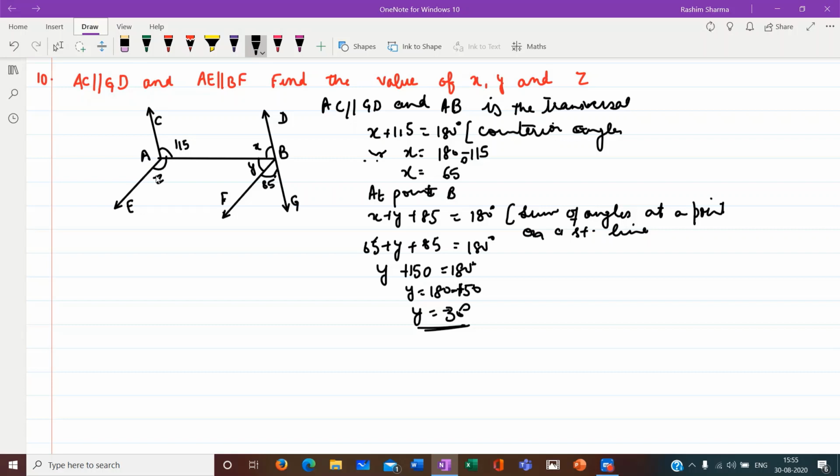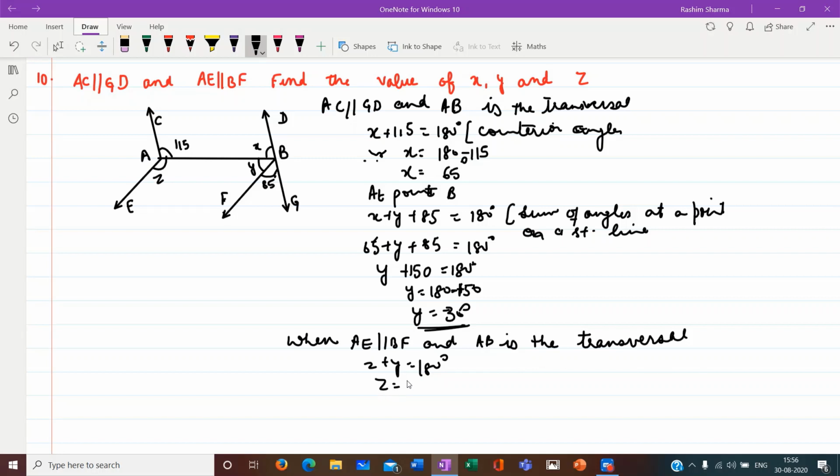Now left is angle Z. Now we can see here, when we have this AE parallel to BF, Y and Z are co-interior angles. So we have to mention here, when AE is parallel to BF and AB is the transversal, Z plus Y is equal to 180 degree.